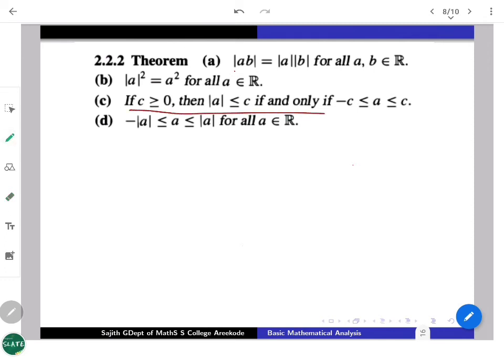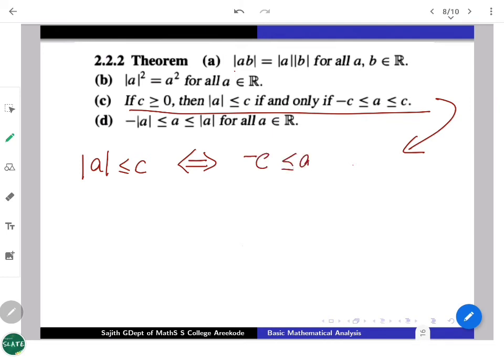If C is non-negative, I have to prove that mod A is less than or equal to C is equivalent to minus C less than or equal to A less than or equal to C.